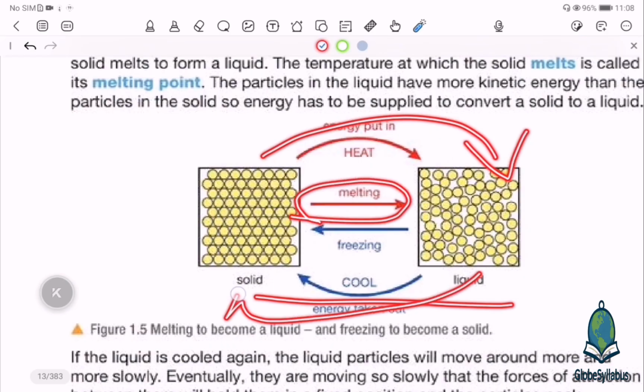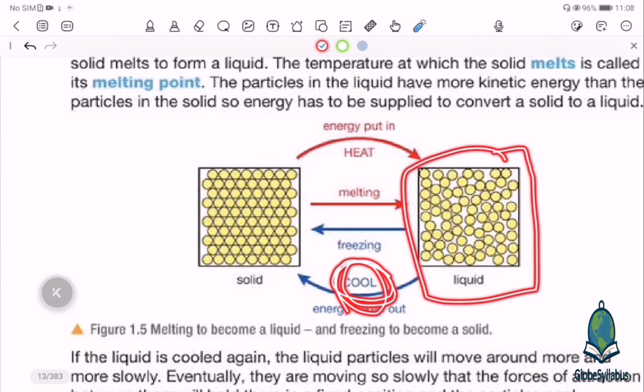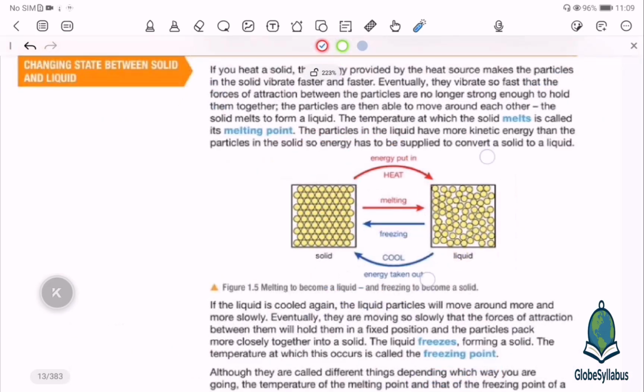From liquid to solid, we need to cool the matter, which means decreasing the kinetic energy so the particles move less, and the intermolecular force between the particles increases, so the particles become packed. This process is called freezing, and then it becomes solid again.